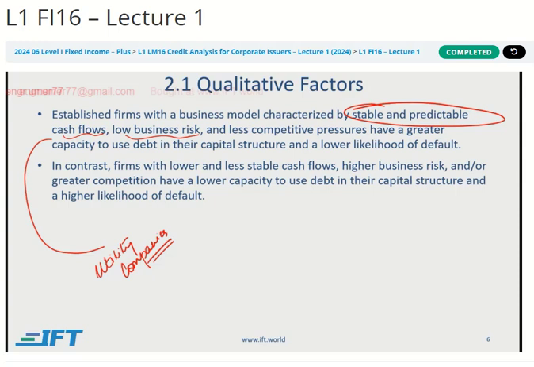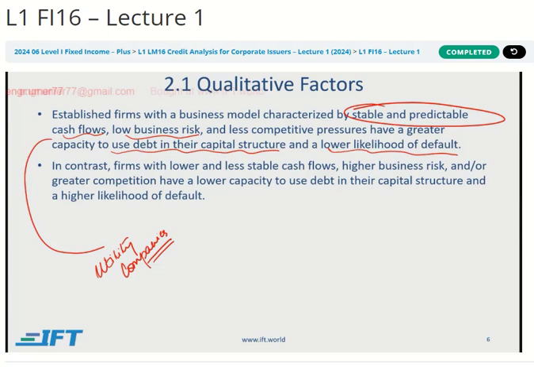There's probably going to be just one in your local city or town or neighborhood. They usually are monopolies, so very little competition and a very stable business, right? Even when the COVID lockdown was there, people were still using electricity. So these types of companies can afford to use a high amount of debt in their capital structure, and there is a very low chance of default because they have a very safe, stable business model.